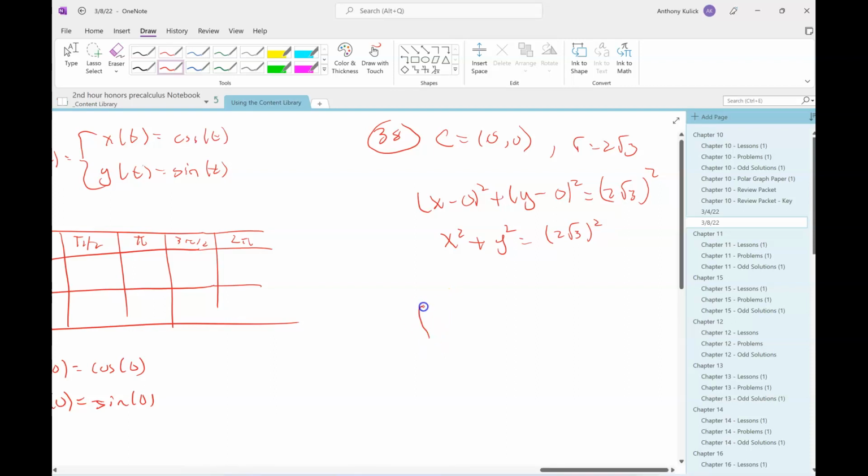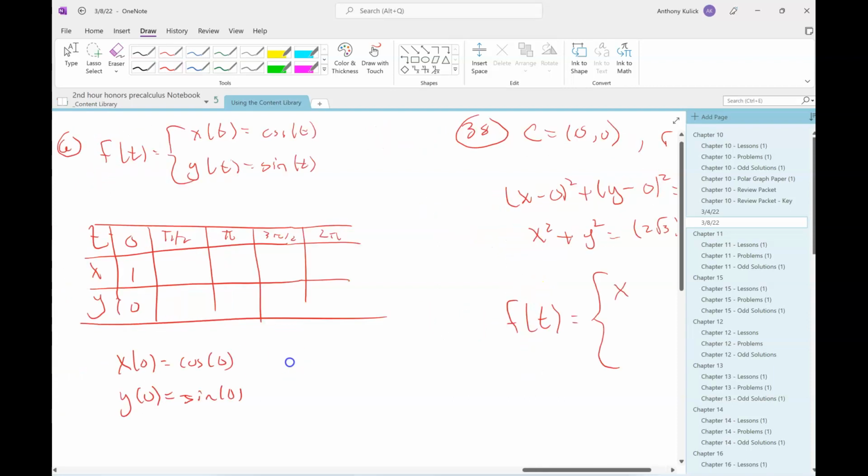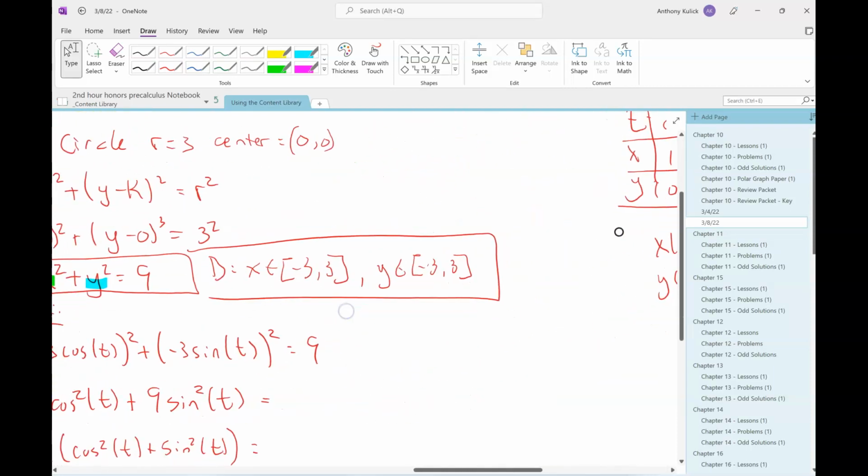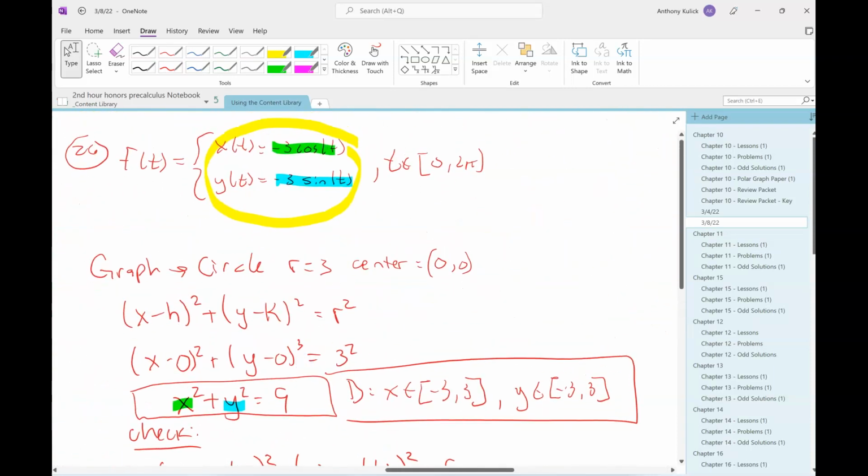Okay. And if you remember when we did the parameterization on 26, let me scroll back to it. We saw that basically the coefficient gives us the radius. And since it's a circle, the x is just cosine and the y is just sine.